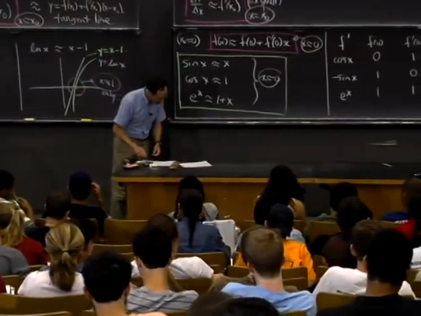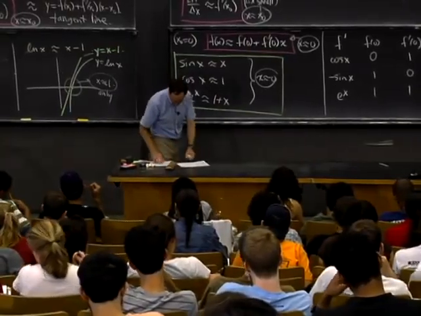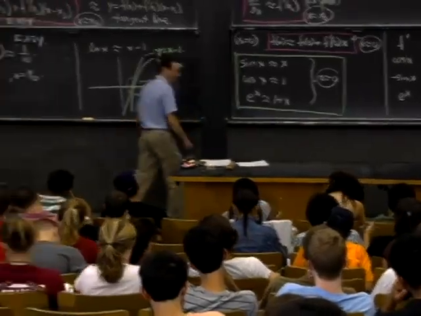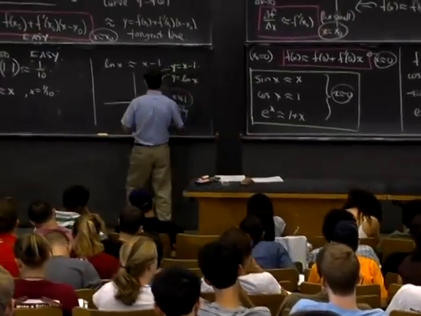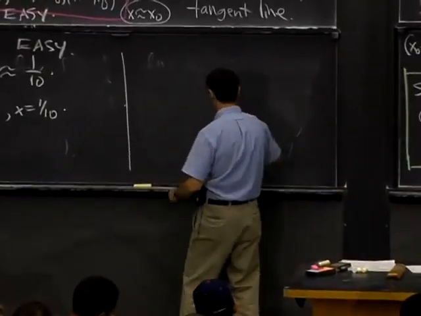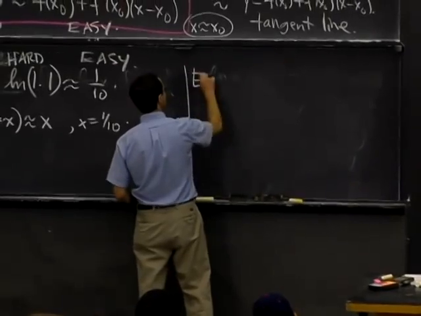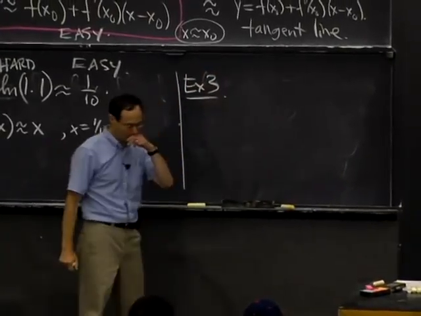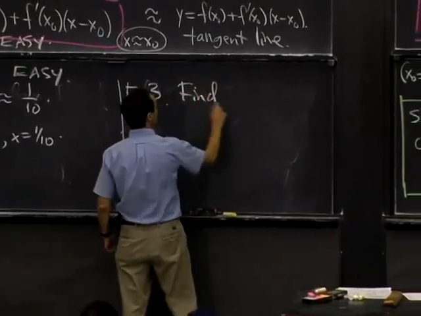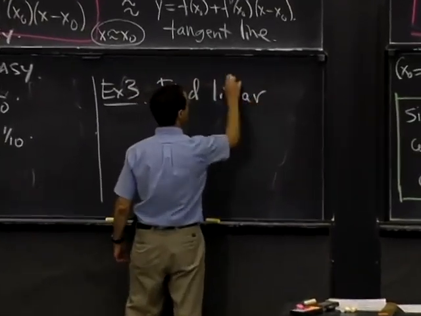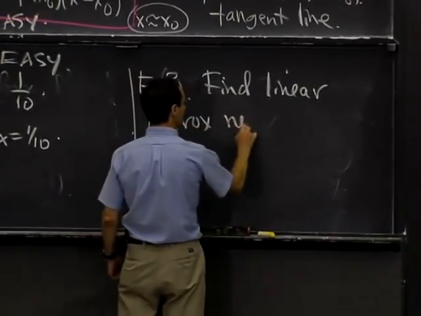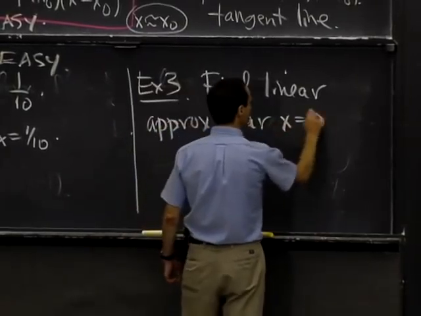Let me give you some more examples where it becomes even more vivid, if you like, that this approximation is giving us something a little simpler to deal with. So here's example 3. I want to find the linear approximation near x equals 0.